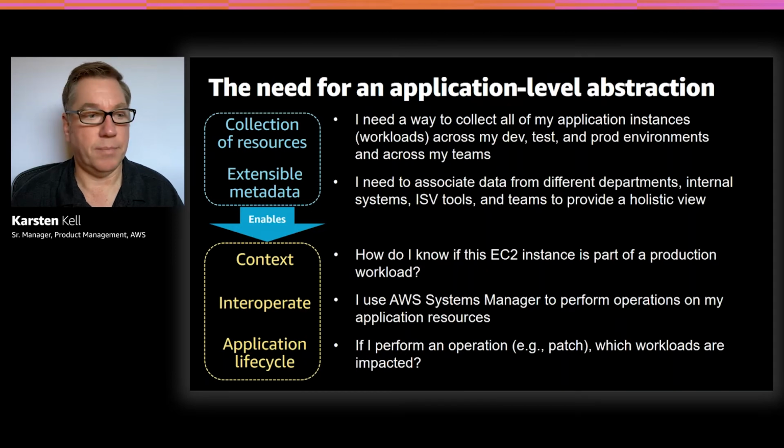So I'll get into a little bit more about how that applies in a bit. And it helps you maintain application lifecycle. By knowing the context of your resources, what application do I belong to, you can make informed decisions about what the appropriate operational actions are for that.